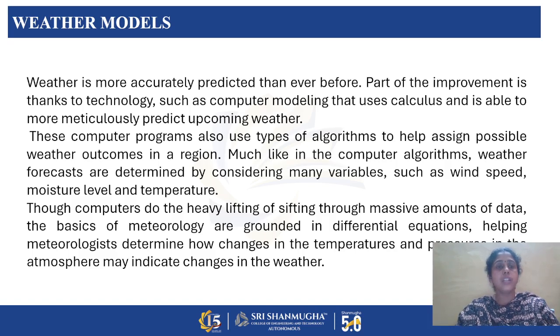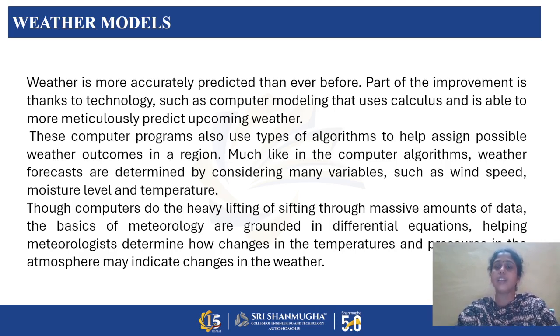In predicting weather models, weather is more accurately predicted than ever before nowadays. Part of the improvement is thanks to technology such as computer modeling that uses calculus and is able to more meticulously predict upcoming weather. These computer programs also use types of algorithms to help assign possible weather outcomes in a region.